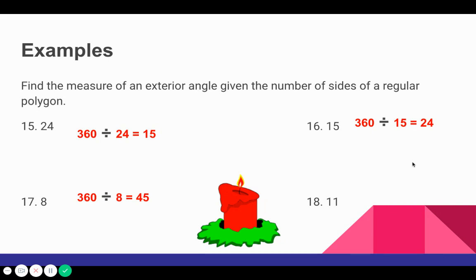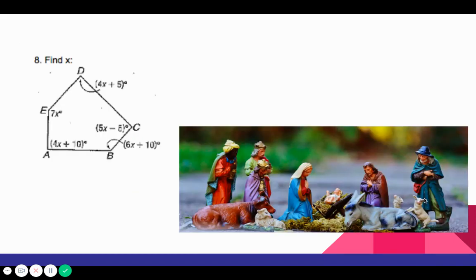So see, you have what each exterior angle would be. And for number 18, when you have 11 sides, 360 divided by 11 equals 32.7. Sometimes you get a decimal on those.